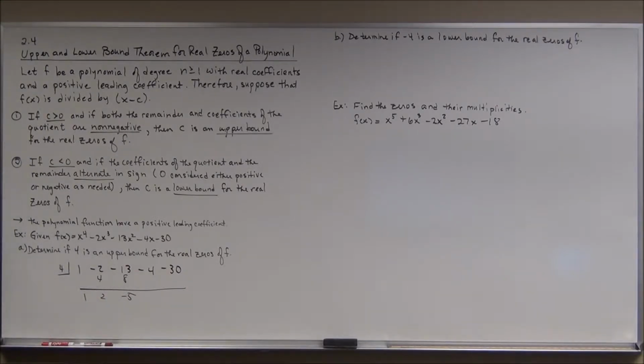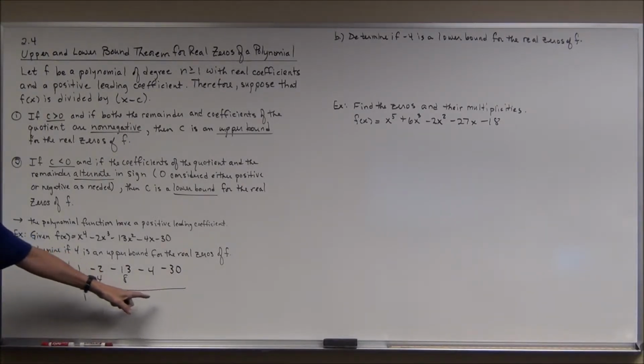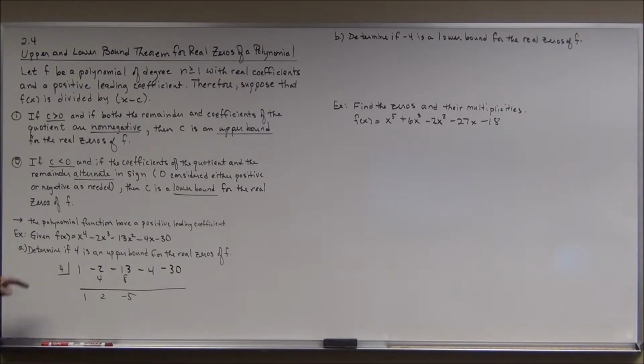I can pretty much stop now. These are not going to be all non-negative because I have a -5. So is 4 an upper bound? No, it is not. Now you say, well, how would you find your lowest upper bound? Well, 4 doesn't work, so it can't be smaller than 4. I would go to 5, then I would go to 6, and I think it's actually 7 that's my upper bound here, if I'm not mistaken.